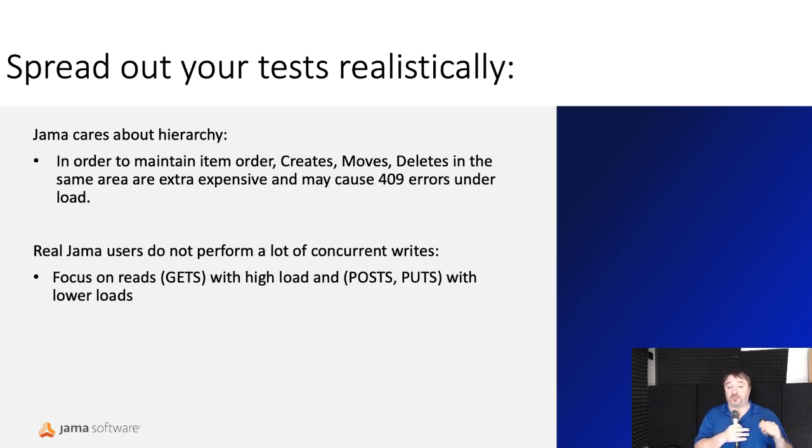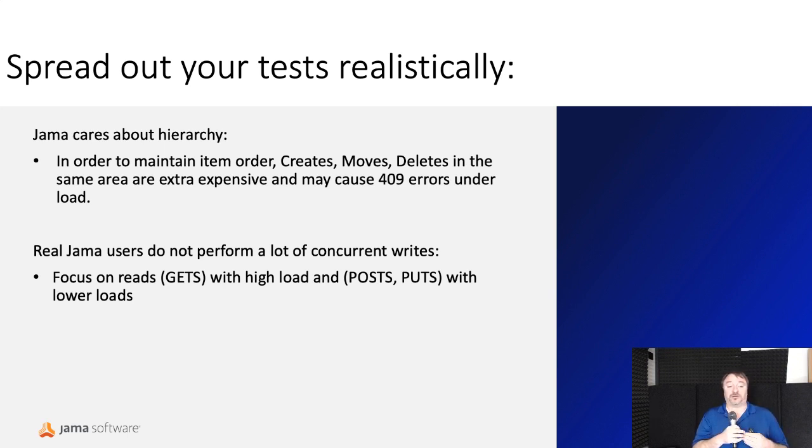So really, as you're building out your tests that do writes, creates, moves, deletes in the same area, you want to make them realistic. You want to spread those users apart so they're not tromping on each other, and you don't want to create a whole bunch of them. And if you just think about how Jama's used, look at yourself or your users as they're going through. They're not creating a lot of data at the same time. The biggest use of Jama is reads.